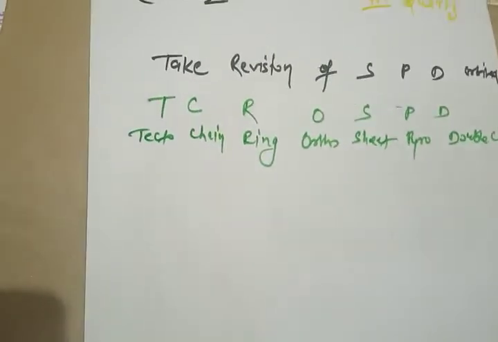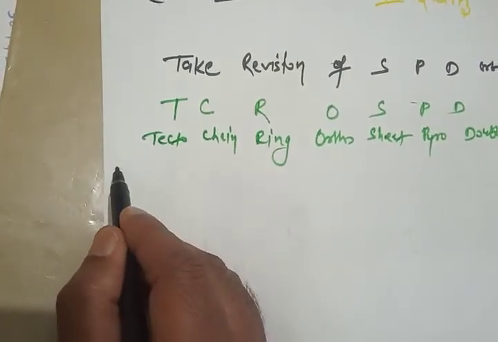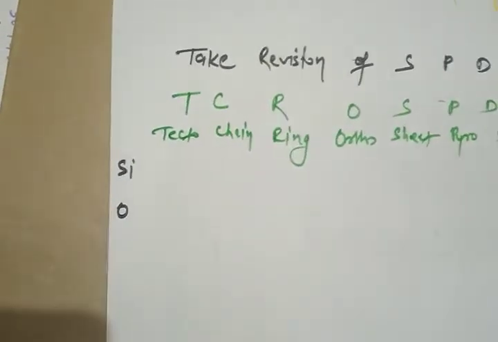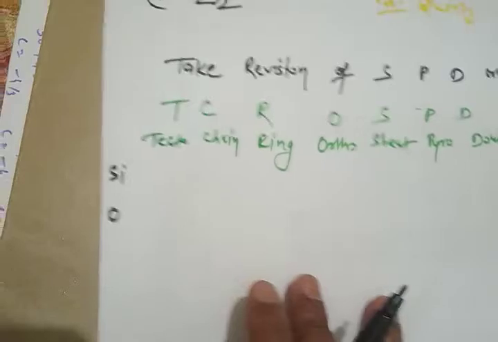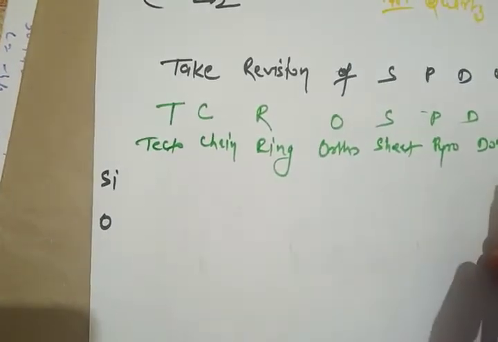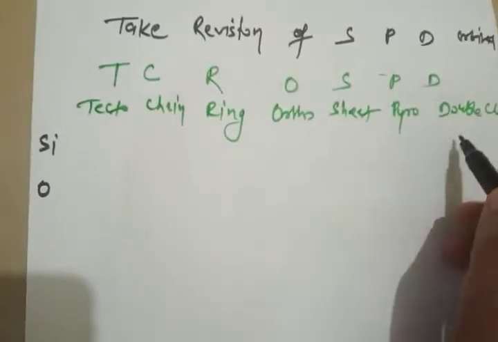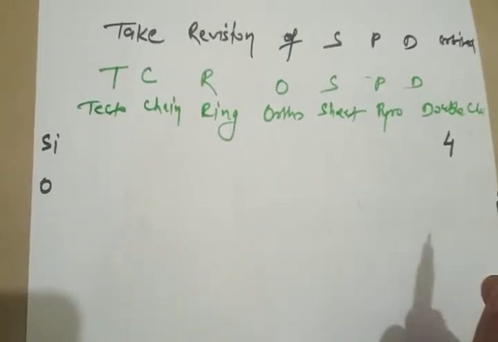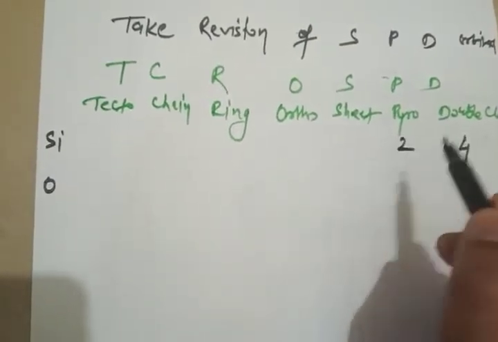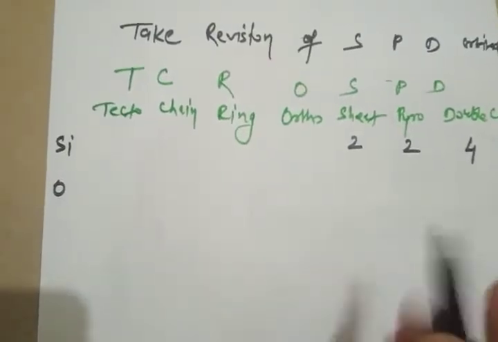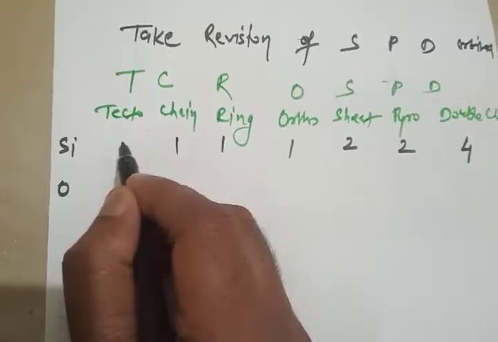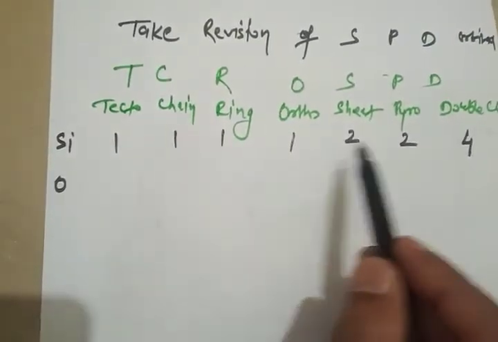Okay, then the silicon and oxygen atoms. So how will we write the silicon and oxygen? For silicon we start with the double chain. Here we have 4. Then 2, the sum of 4 is 2 and 2. Then 1, 1, 1 and 1. Sum of 4 is 1, 1, 1 and 2, 2, 2.